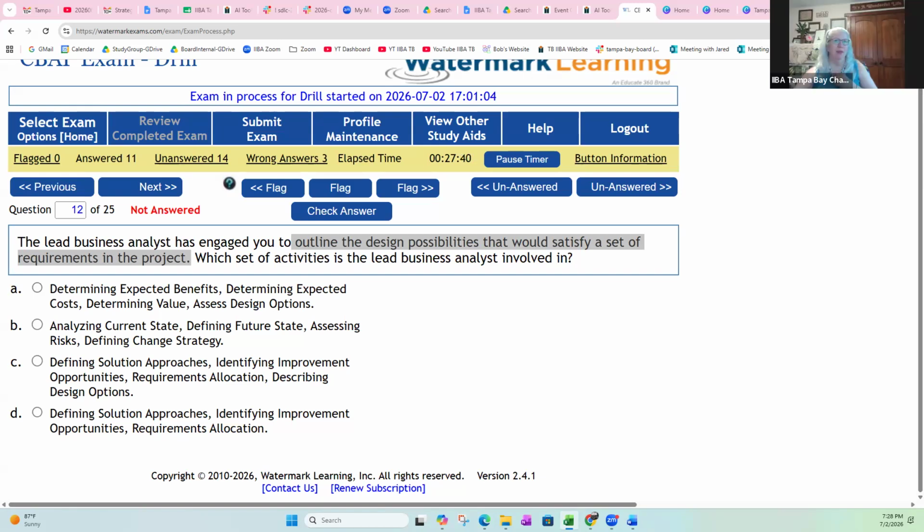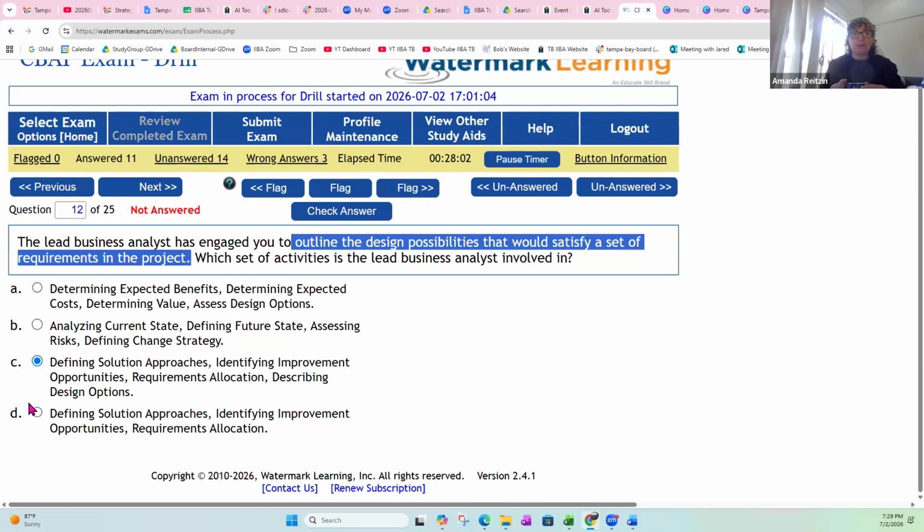I don't think it's the inputs. I think it's the elements. What are the elements that you have to accomplish to get that task accomplished? I think it's C. Defining solution approaches, identifying improvement opportunities, requirements allocation, and describe design options.